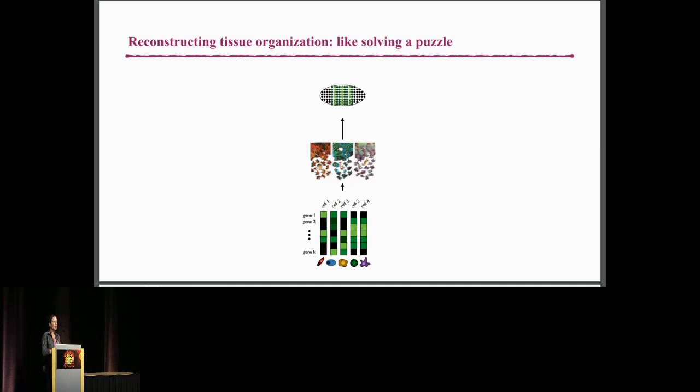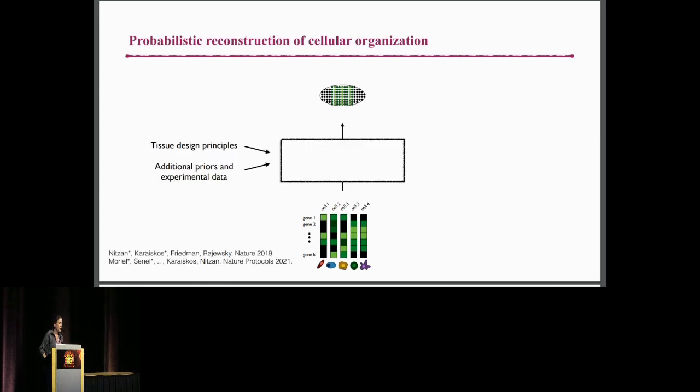Basically trying to find a configuration of cells where cells that are close to each other in the tissue would tend to be more similar to each other in terms of their gene expression than randomly placed cells. This was a hypothesis, and we supported it for a wide variety of tissues where we had information about how cells were placed in the natural tissue.